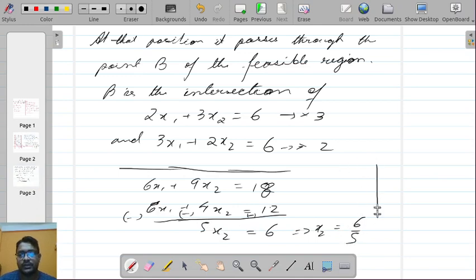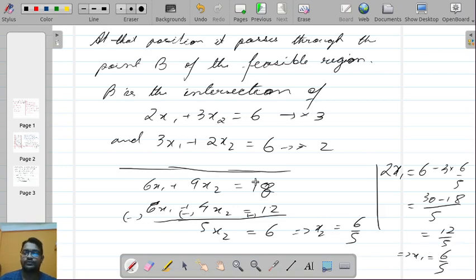And so 2x1 is equal to 6 minus 3 into 6 by 5. That is actually 30 minus 18 by 5, which is 12 by 5. So that means x1 is actually 6 by 5.